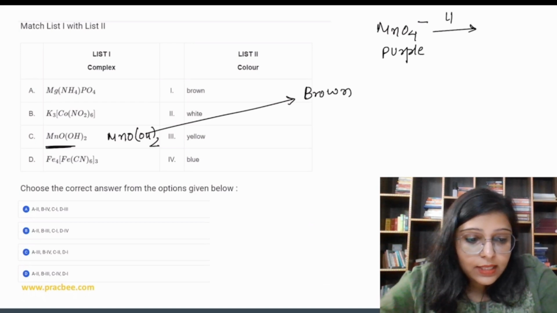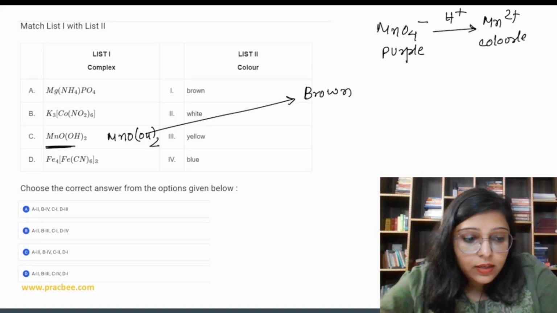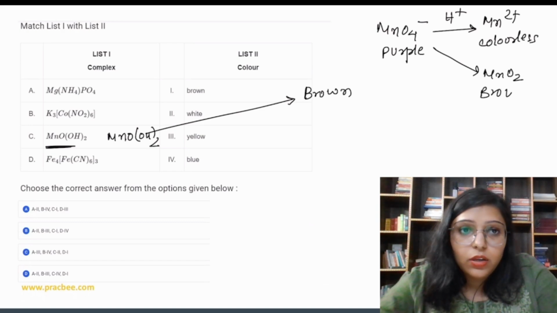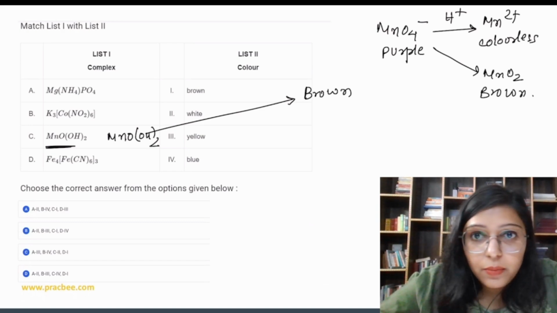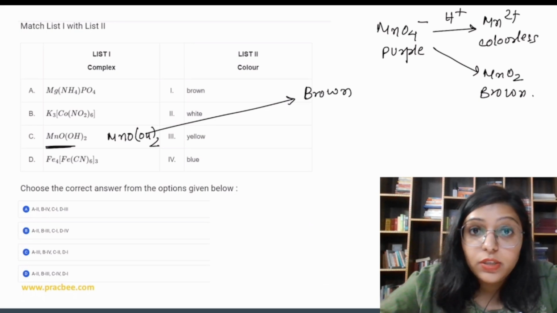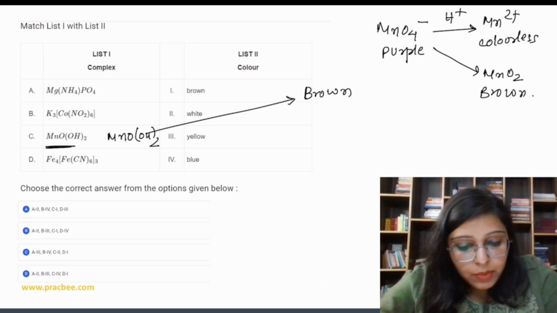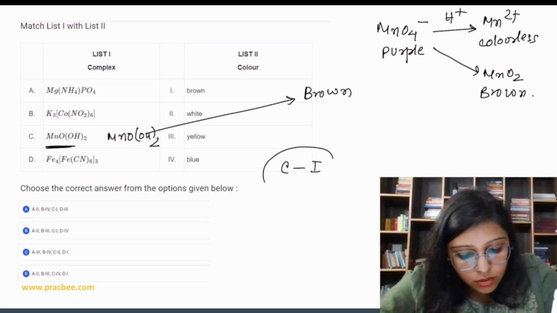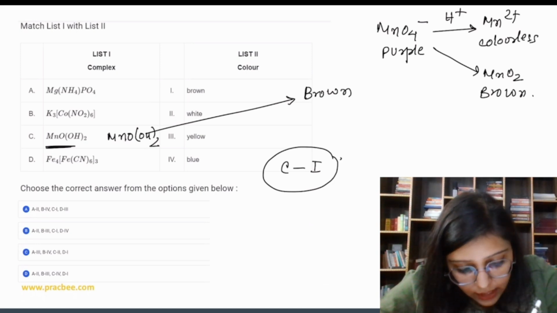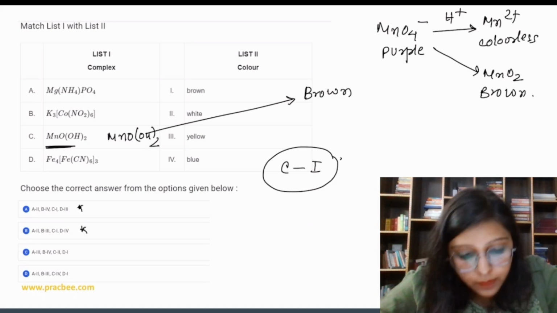In acidic medium, it is converted to Mn2+, which is colorless. And in mild basic medium, it is converted to MnO2, which is brown in color. So from there we can memorize: in basic medium, it is brown in color. So C can be matched with option number 1. Do we have any option like this? Yes, we have option A and option B.